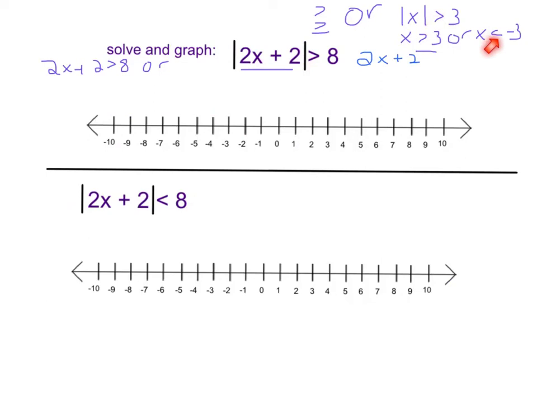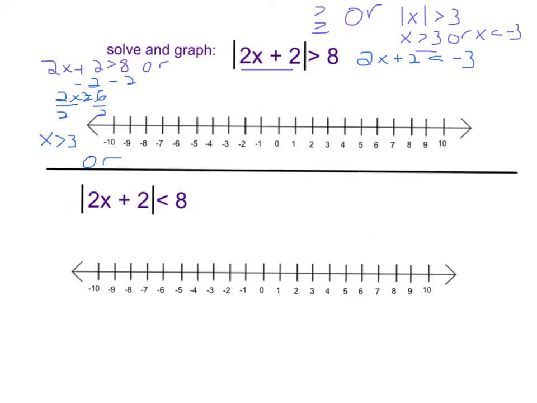For the second part, we had to switch the inequality sign and switch the number to its opposite. So less than -3. And then you're going to solve all parts. So I have to subtract 2 to get 2x is greater than 6, divide by 2, divide by 2, so x is greater than 3.